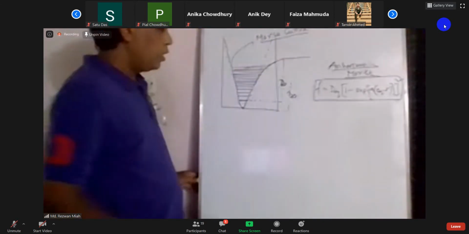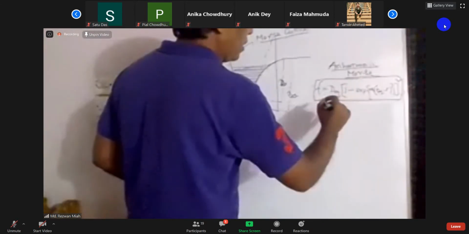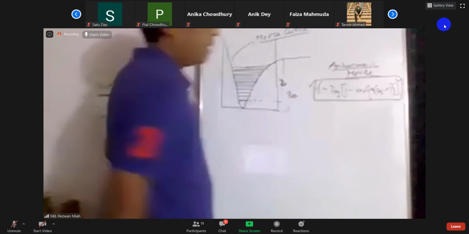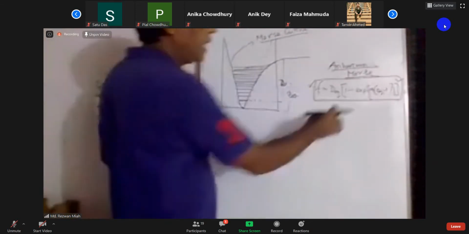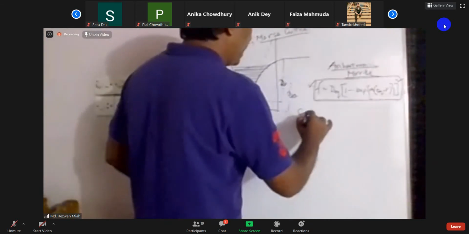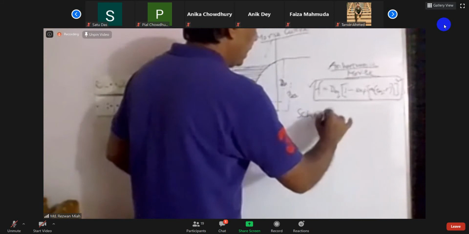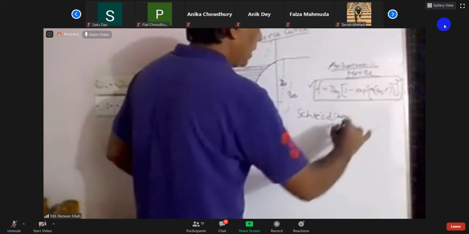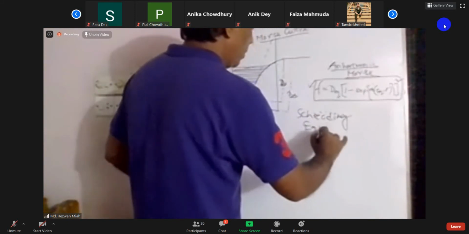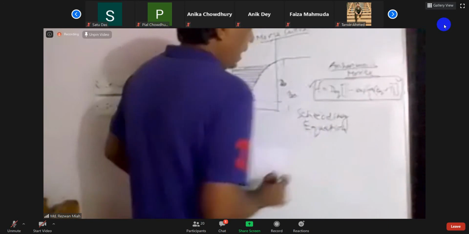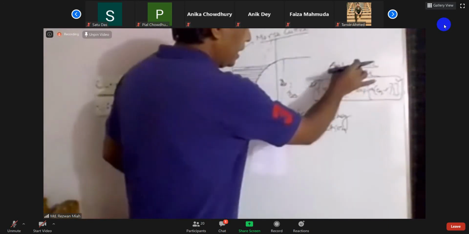So in the case of the anharmonic oscillator, the energy obviously comes from the solution of the Schrödinger equation, similar to the harmonic case.